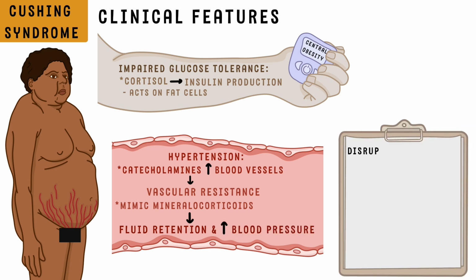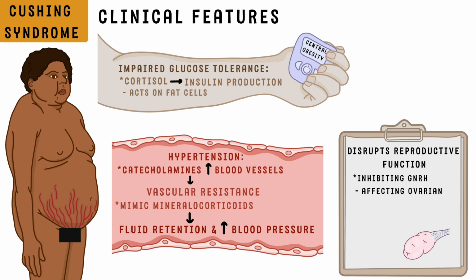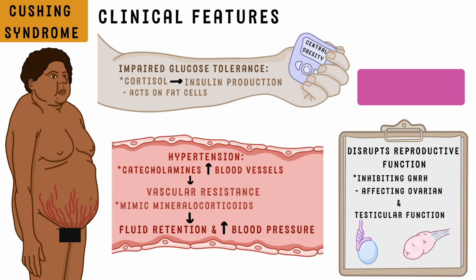Excess cortisol also disrupts reproductive function by inhibiting gonadotropin-releasing hormone from the hypothalamus, affecting ovarian and testicular function. Additionally, it suppresses the immune response, increasing susceptibility to infections, and can impair brain function, though the exact mechanism is unclear.